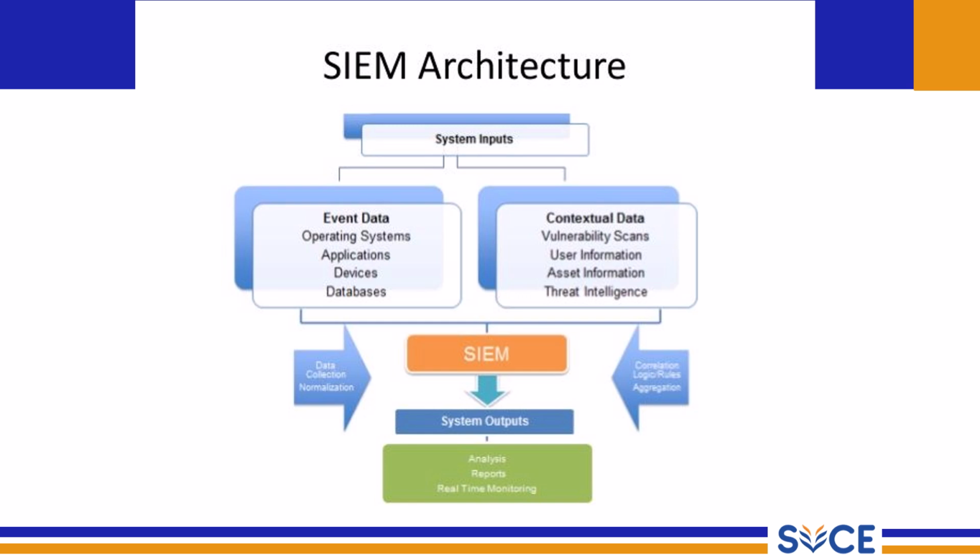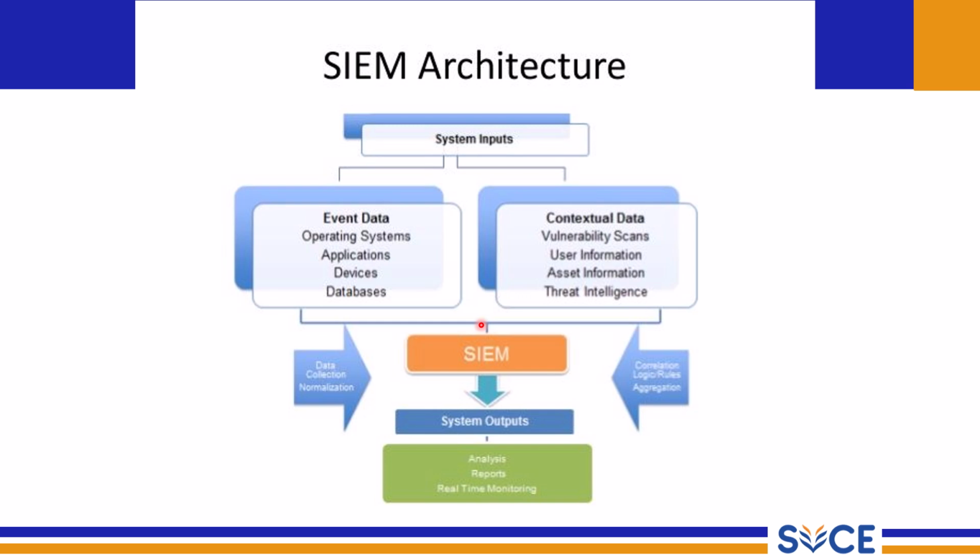So this is a SIEM architecture. Here we provide the input as event data as well as contextual data. The event data contains the OS, applications, devices, as well as databases. And the contextual data contains vulnerability scans, user information, asset information, and threat intelligence.